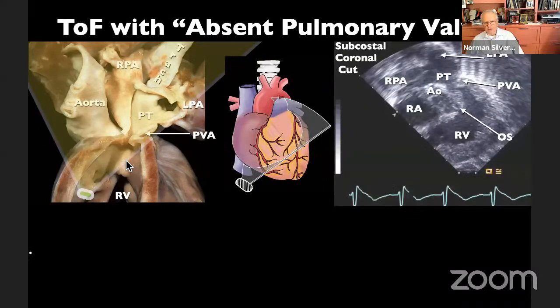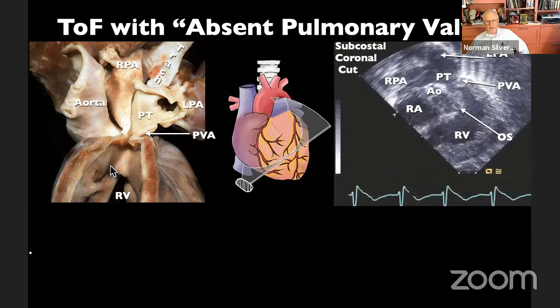And I'll show you this in a series of patients. Here is a subcostal coronal cut showing a narrowed annulus with the rudimentary formation of the valves and massive poststenotic dilatation of the pulmonary arteries. The right pulmonary artery has the same dimension as the aorta, the left pulmonary artery as well.